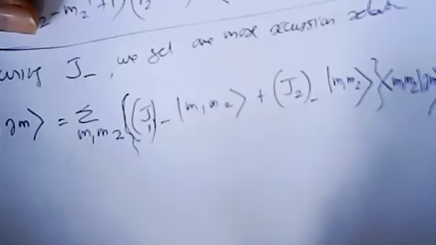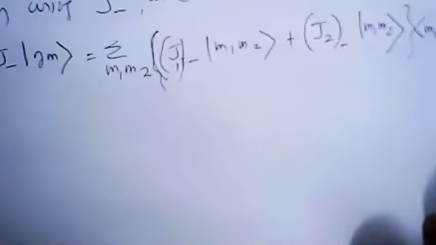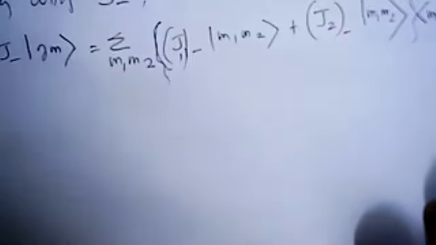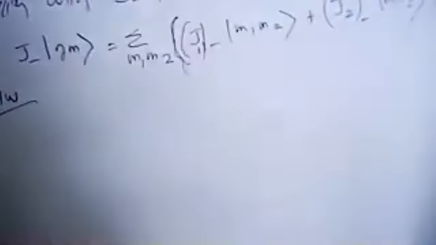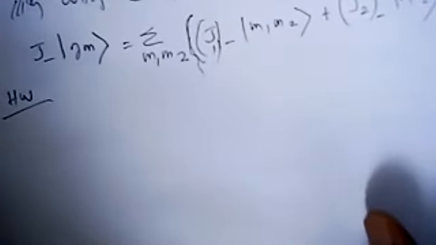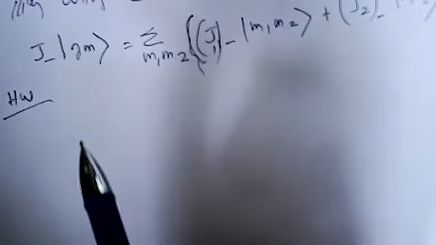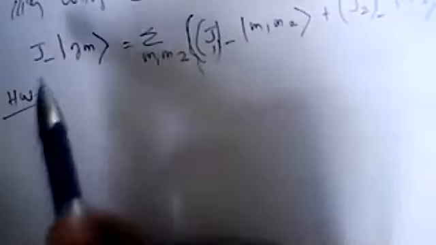Then again similarly multiply with the bra m1 dash m2 dash on the left side, apply the orthonormality condition, and substitute back the condition for the existence of Kronecker delta as 1. So you will get this result. I will simply write the result. So this is your homework; next day you have to complete this. The procedure is exactly similar. The only difference is that instead of J plus, here J minus is acting.